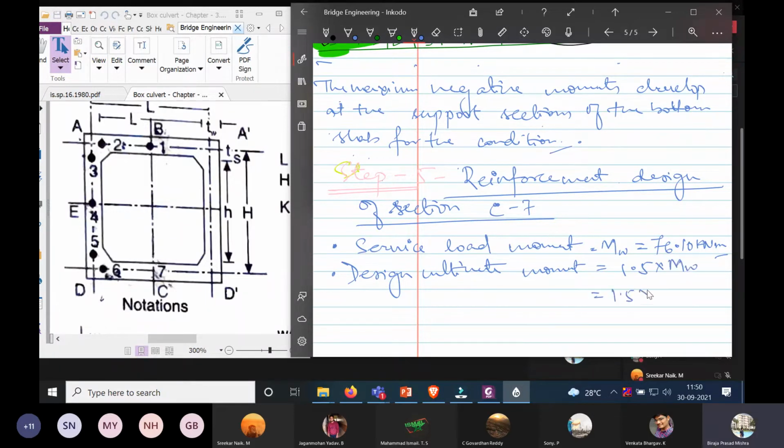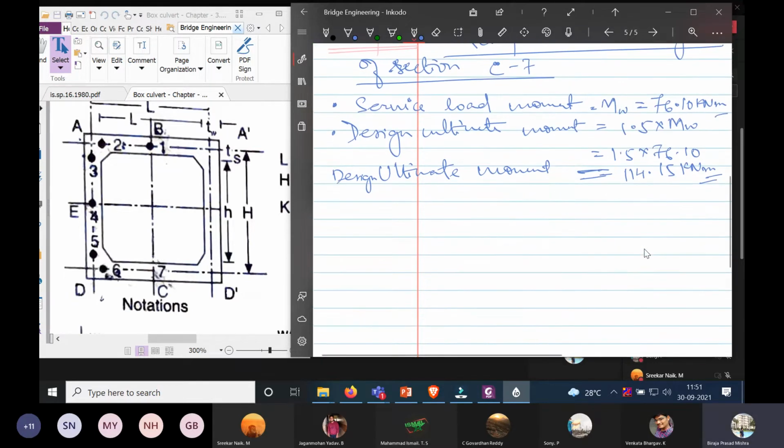So it is 1.5 into 76.10, and it is coming as 114.15 kilonewton meter. Okay, so that is the value of the design ultimate moment.